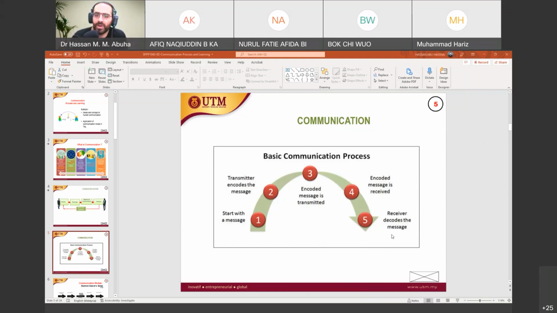So number 4 is the encoded message is received. Are the students being active during the class and focused? Are they not being attracted to something else? It's my job as a teacher to tell if the students are engaged with me, active during the class, and so on.